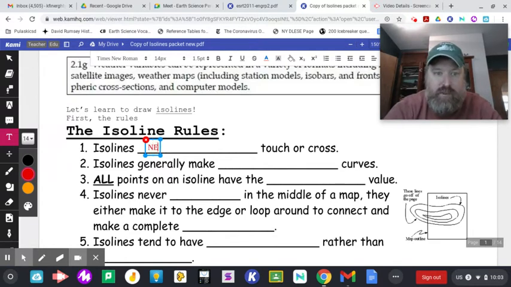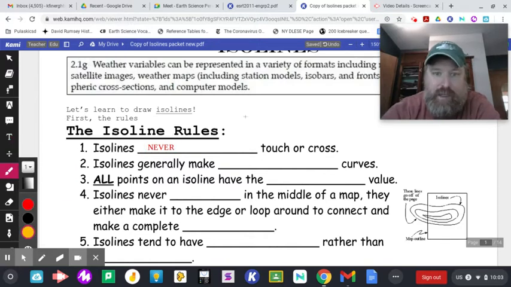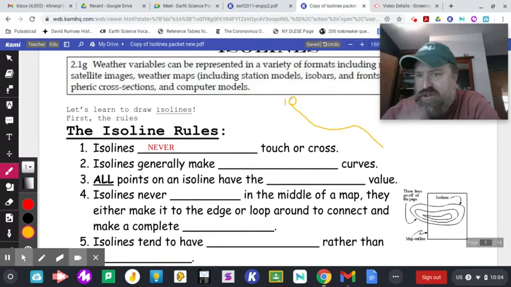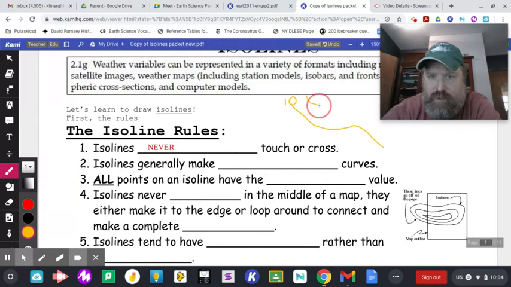Isolines never, and I'm doing that one in all caps, touch or cross. Here's the idea with that. Let's say I had a line, and you don't have to draw this because you'll be drawing enough, don't worry. Let's say I had a line that represented 10 inches of snowfall. And then let's say I had the next line up that represents 15 inches of snowfall.